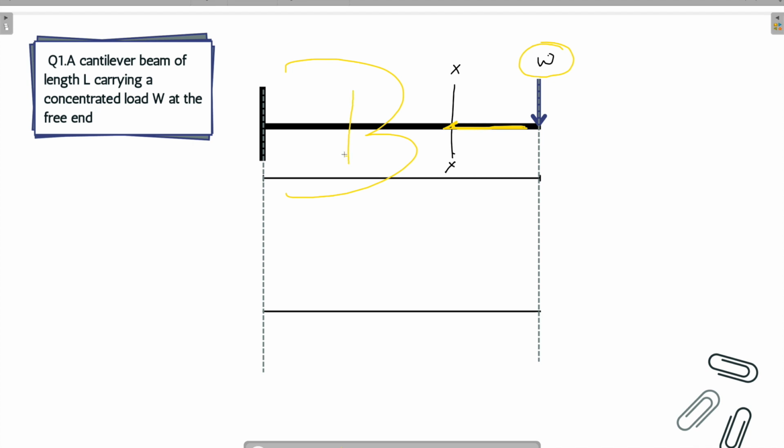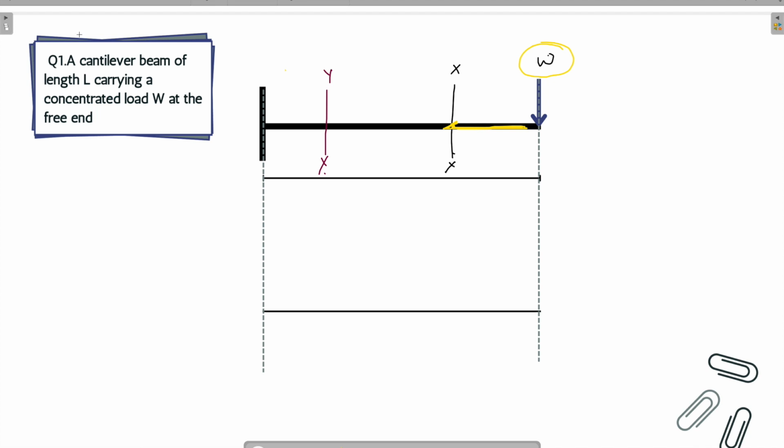If you cut the section YY anywhere in the beam, the same case will happen. The load will try to rotate the beam about the section in the clockwise direction. So the same thing goes here.